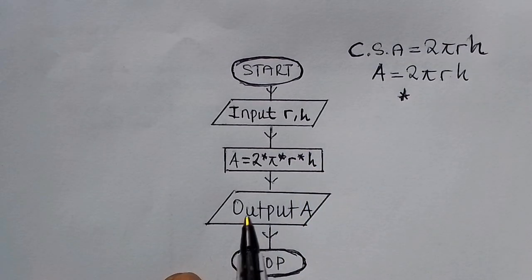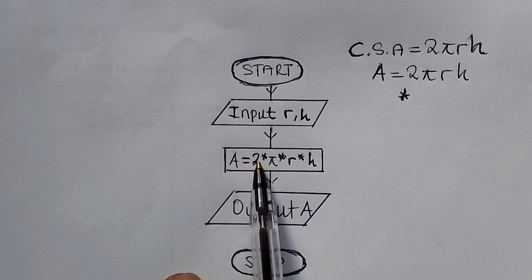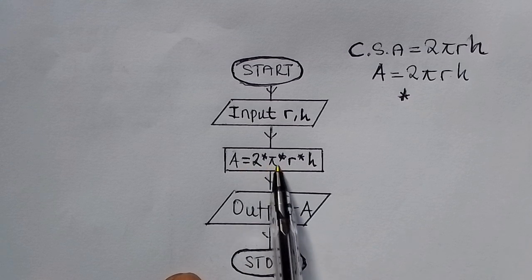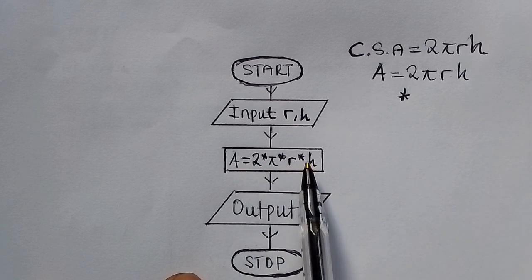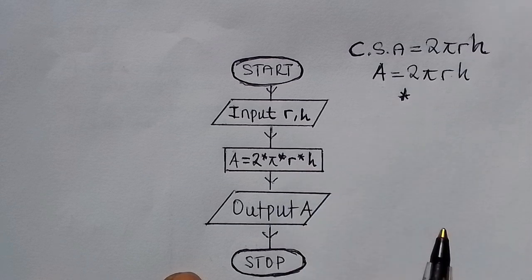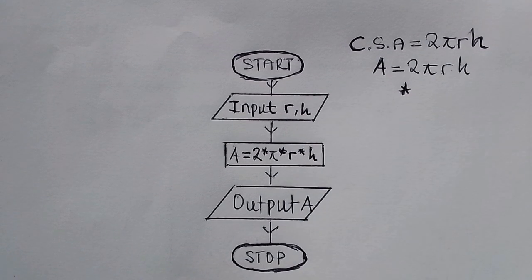So this means we've shown multiplication of 2 times pi times r times h. So this is what is missing in our flowchart to make it complete for calculating the curved surface area of a cylinder.